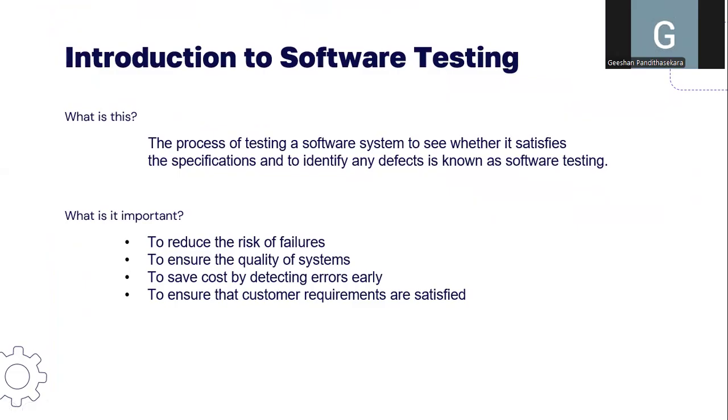Before we jump into static and dynamic testing especially, let's first understand what software testing is. The process of testing a software system to see whether it satisfies the specifications and to identify any defects is known as software testing.